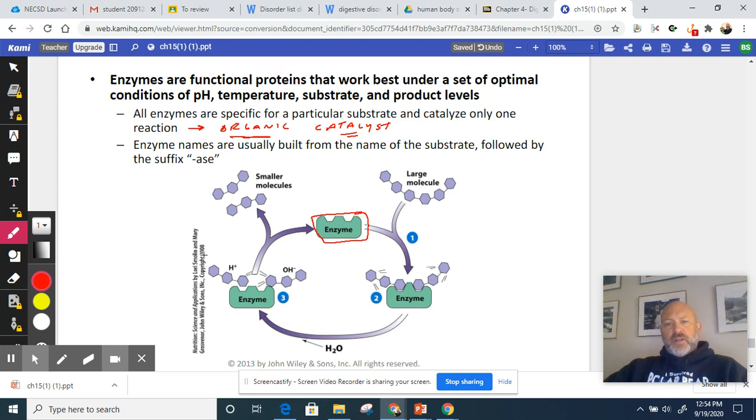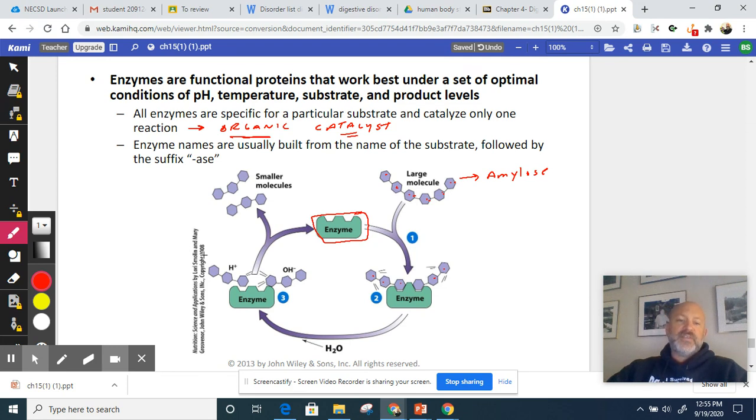So here we see a large molecule. Let's say that this is amylose. Amylose is a carbohydrate, a polysaccharide, right? Made up of these smaller units that are combined. Well, this type of carbohydrate is useless, right? We can't fit that into our cells. Our cells can't use that to make energy. So the enzyme would latch on to this piece of amylose, and a reaction would happen.